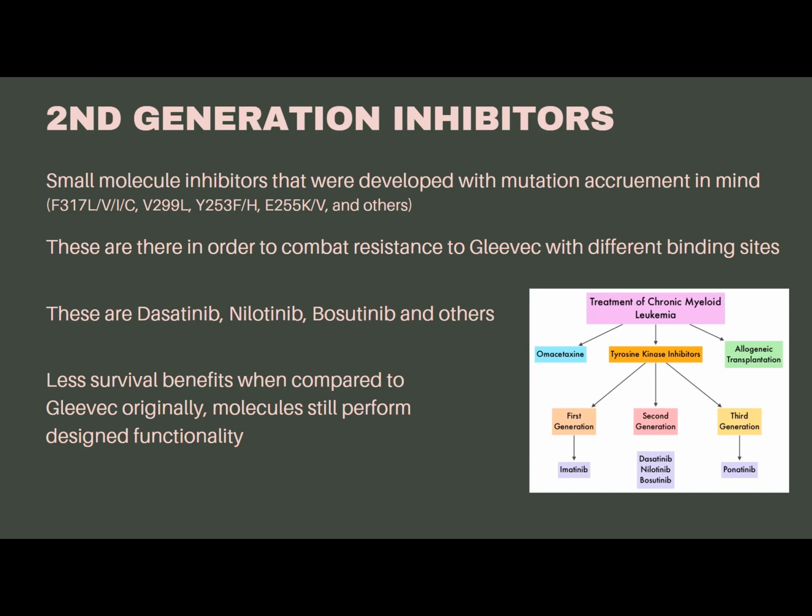So that's a way of doing it. The problem is, most of the time, when you're at that stage, it's too late. There are too many mutations. You can't control all of them. It's something that you fight with for Gleevec, for dasatinib, for nilotinib, for all of these inhibitors.